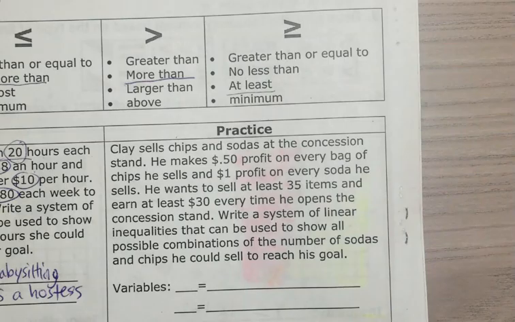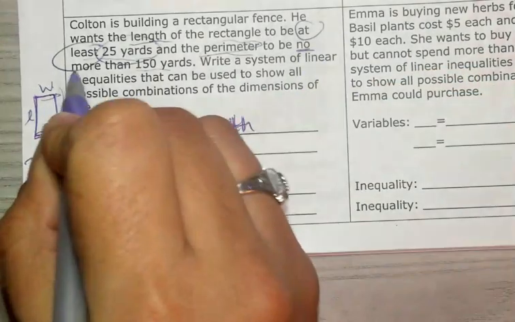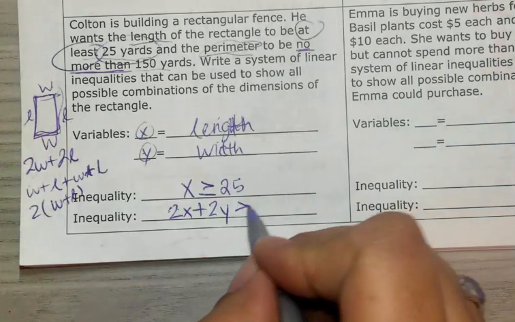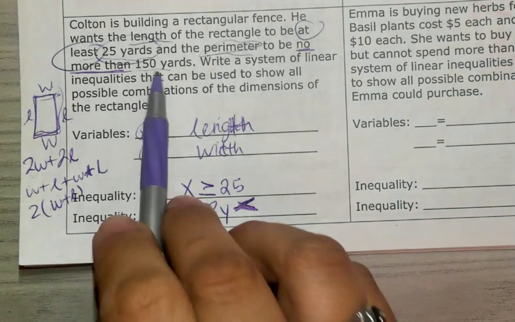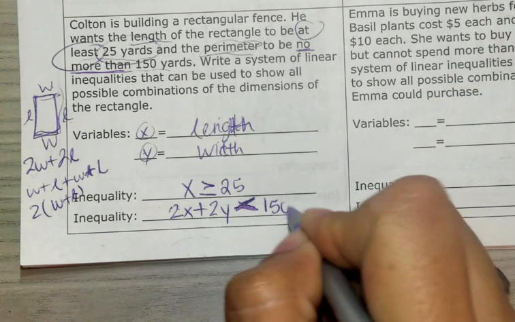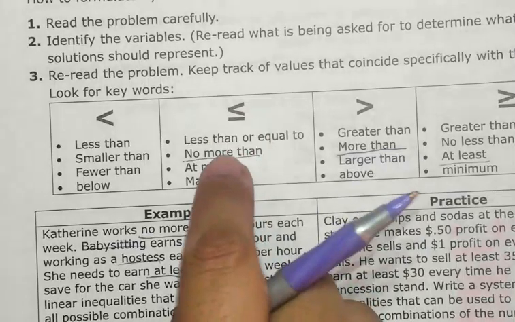The dilemma is, can it equal to? Well, actually, I noticed it says no more than. So it has to be less, sorry, it has to be less than 150. It says no more than that.